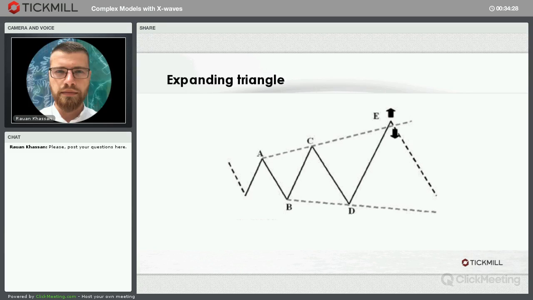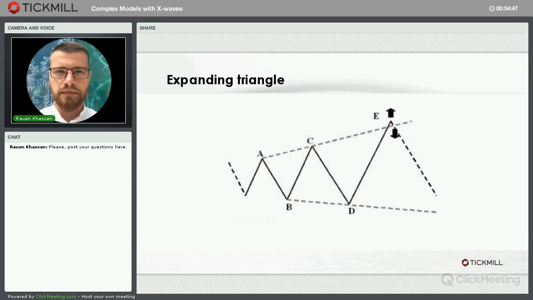So the first rule is that none of waves A, B, and C should cross line 0B. Otherwise, it cannot be considered as a correct expanding triangle.